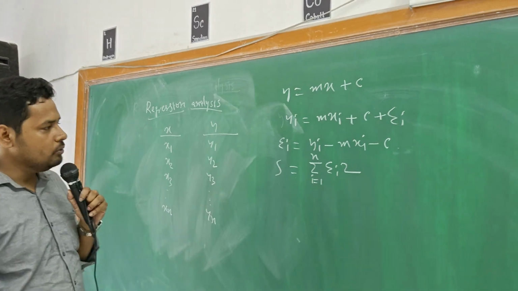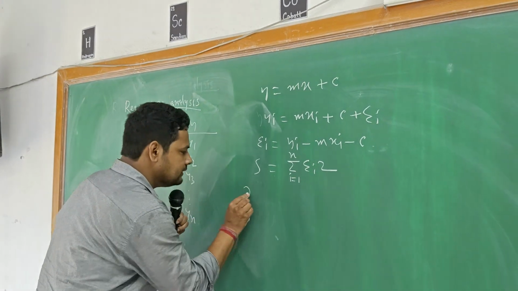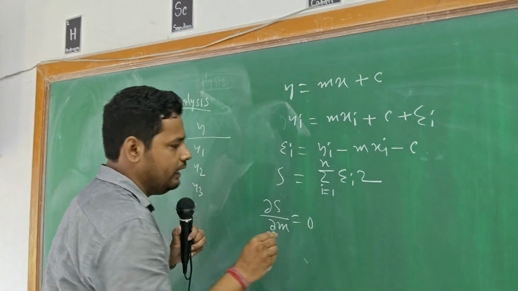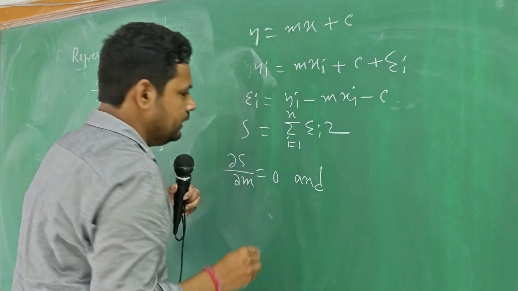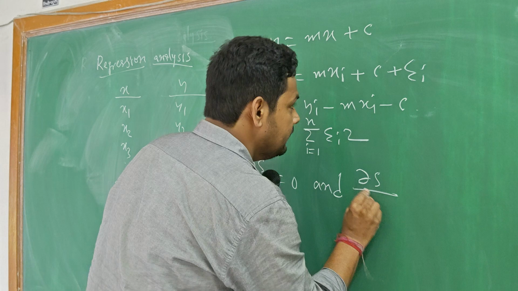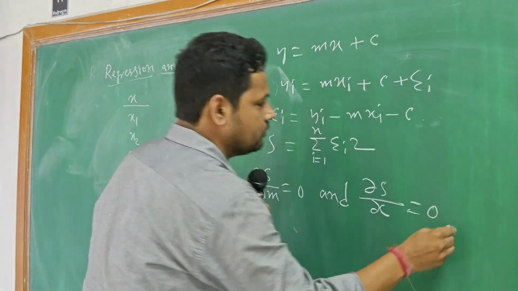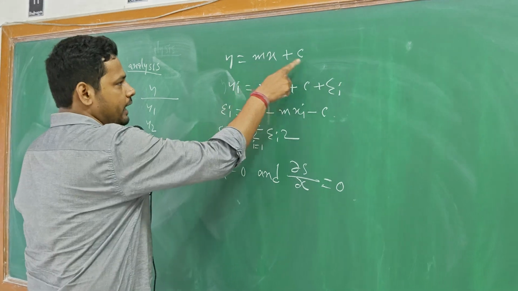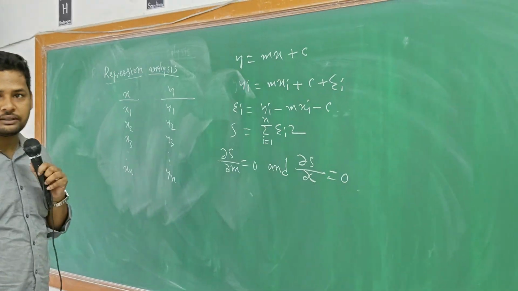So for minimum value, we must have del s del m equal to 0 and del s del c equal to 0. So from this we will find the value of m and c, which are unknown to us.